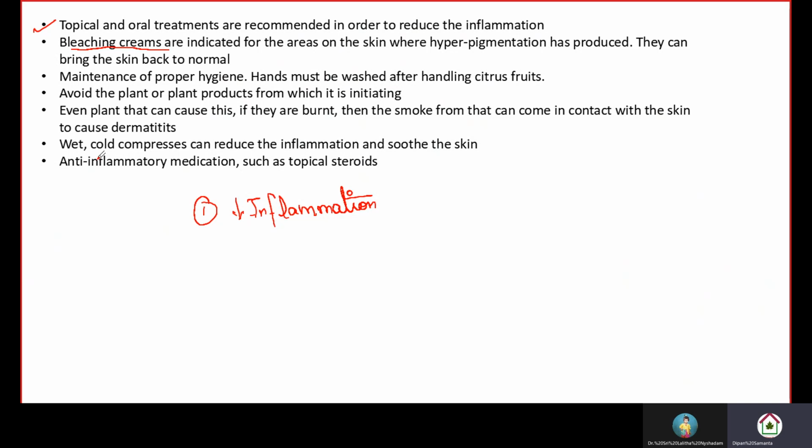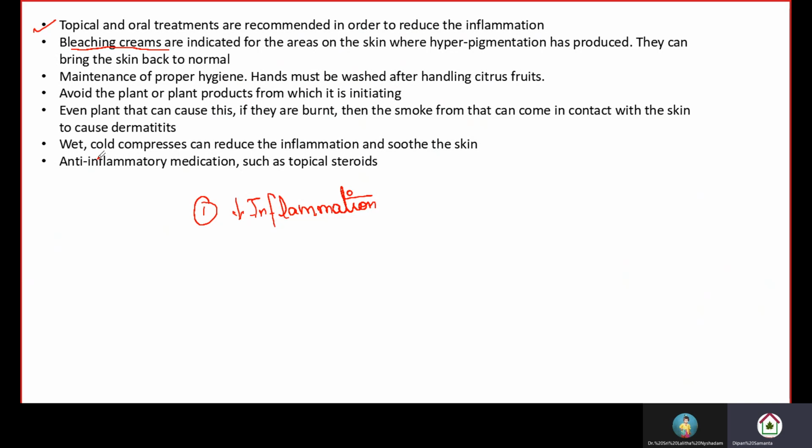Now, after handling citrus food, if we touch that hand to the neck or wherever, those chemicals will be transported. Then when the person gets sun exposure, this type of dermatitis reaction will occur.